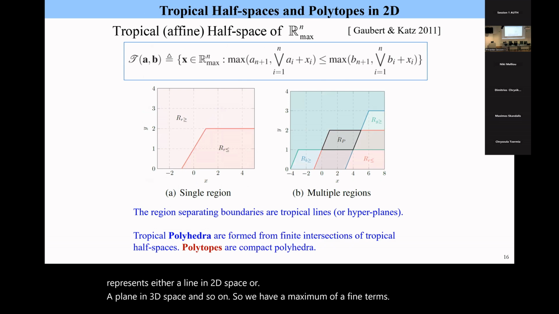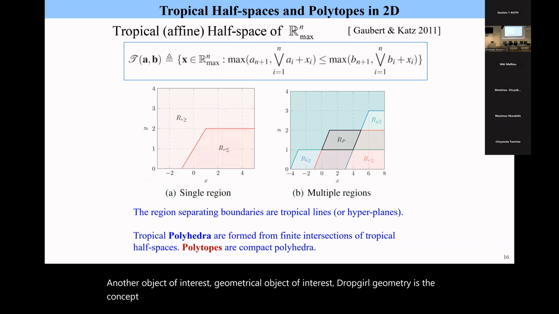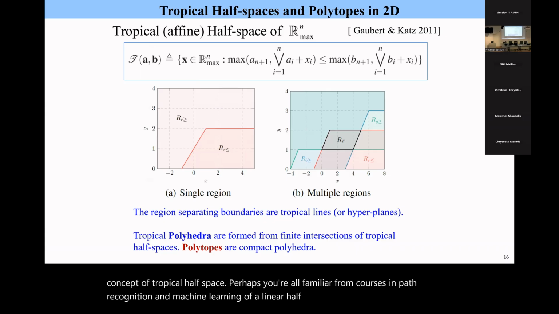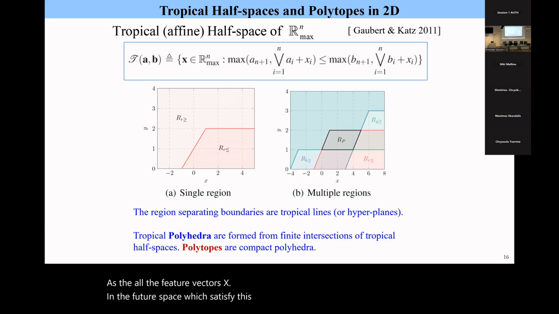Another geometrical object of interest in tropical geometry is the concept of tropical half space. Perhaps you're all familiar from courses in pattern recognition and machine learning with a linear half space, which is defined based on a linear equation. Whereas here we define the tropical half space as all the feature vectors x in a feature space which satisfy this inequality. This is a max plus.